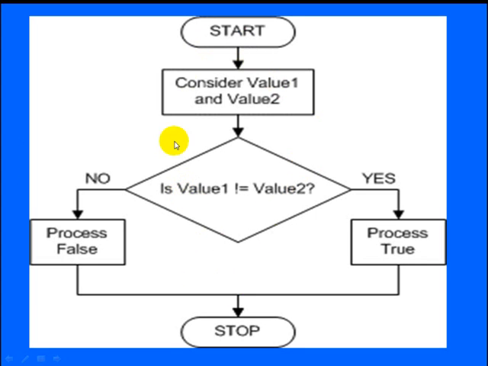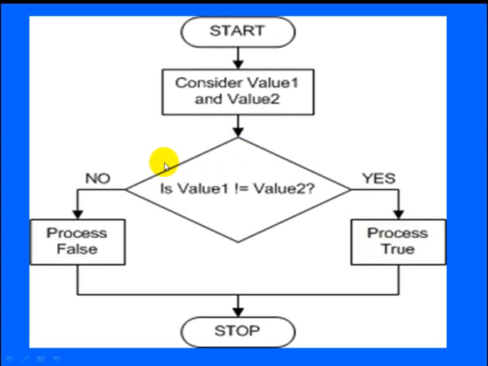In case of branching, we have multiple branches. In this example we have two branches of instructions, a first set of instructions and a second set of instructions. Now out of these two sets, only one set will get executed. Which particular set gets executed?